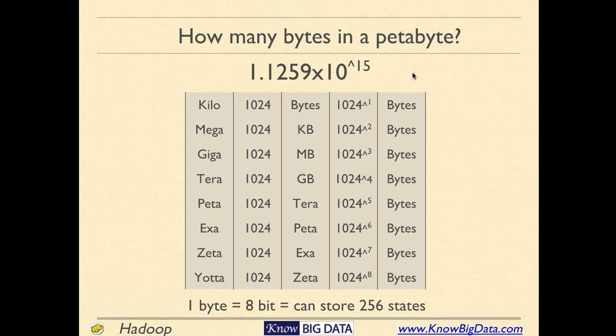You can think of a byte as 8 electrical switches, which can hold the state of on or off. And with 8 switches, the total permutations possible is 256. And therefore, a petabyte of data can store a lot and lot of information.